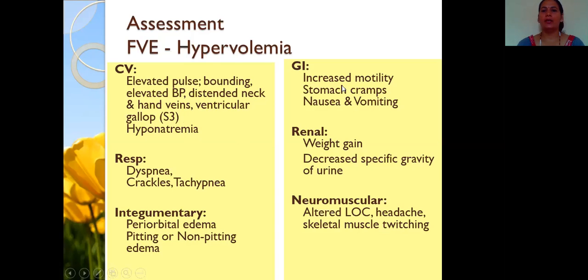In the GI system: increased motility, stomach cramps, nausea and vomiting. In the respiratory system: dyspnea, crackles and tachypnea. In the renal system: weight gain, decreased specific gravity of the urine. In the integumentary system: periorbital edema, pitting or non-pitting edema. In the neuromuscular system: altered level of consciousness, headache, and skeletal muscle twitching can be assessed.